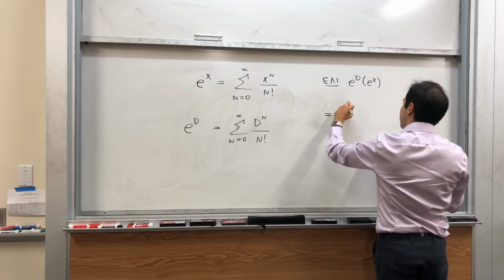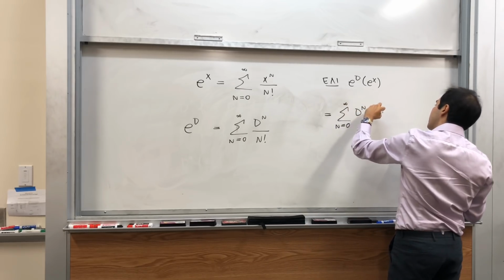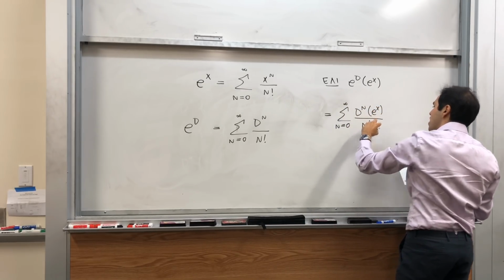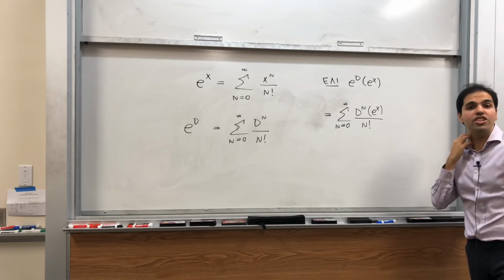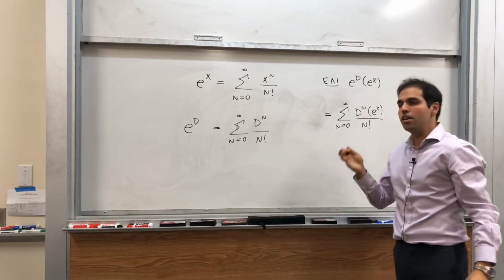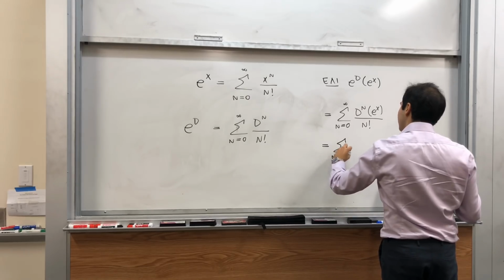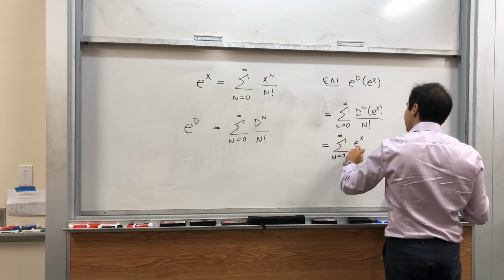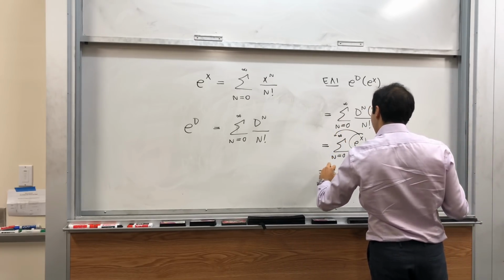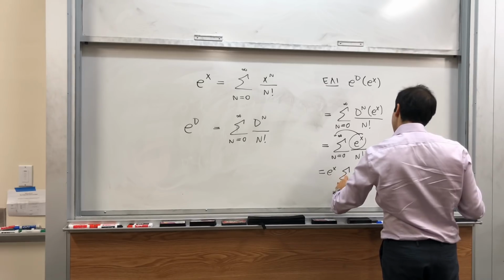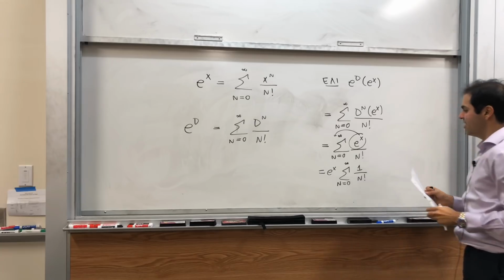Well, that becomes a sum from n equals 0 to infinity of d to the n of e to the x, over n factorial. And here's the thing, if you differentiate e to the x however many times, you just get e to the x. So you get the sum from 0 to infinity of e to the x over n factorial. e to the x comes out, and you get the sum from 0 to infinity of 1 over n factorial.